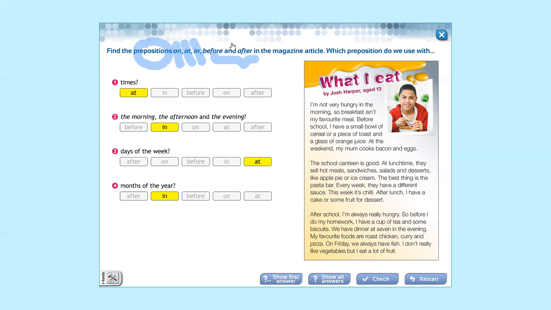Quickly, because we almost finished, we don't have a lot of time. What is the preposition that you were going to select for times? At is correct for you? Yes. Does any person say that it is incorrect? No? It is correct.